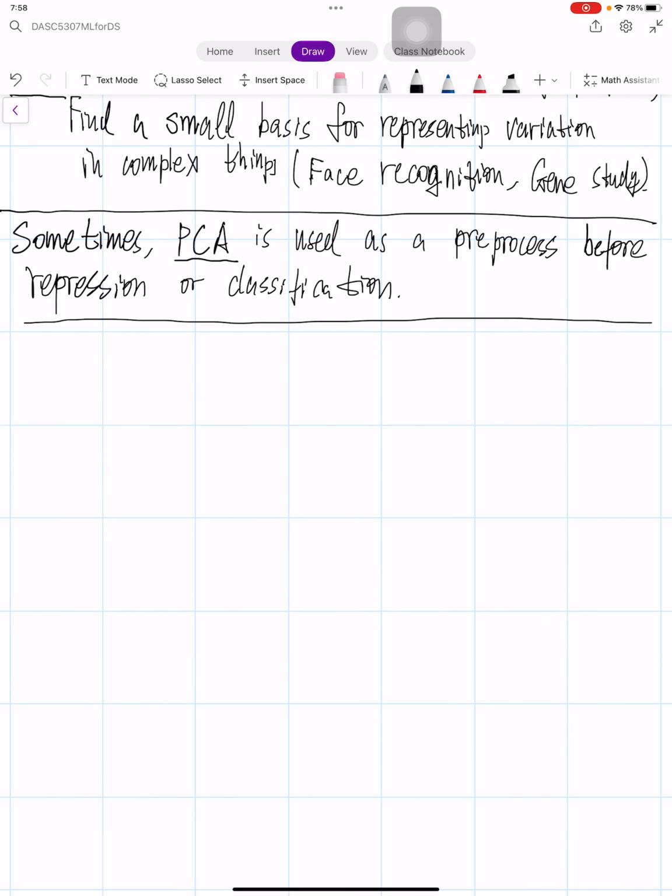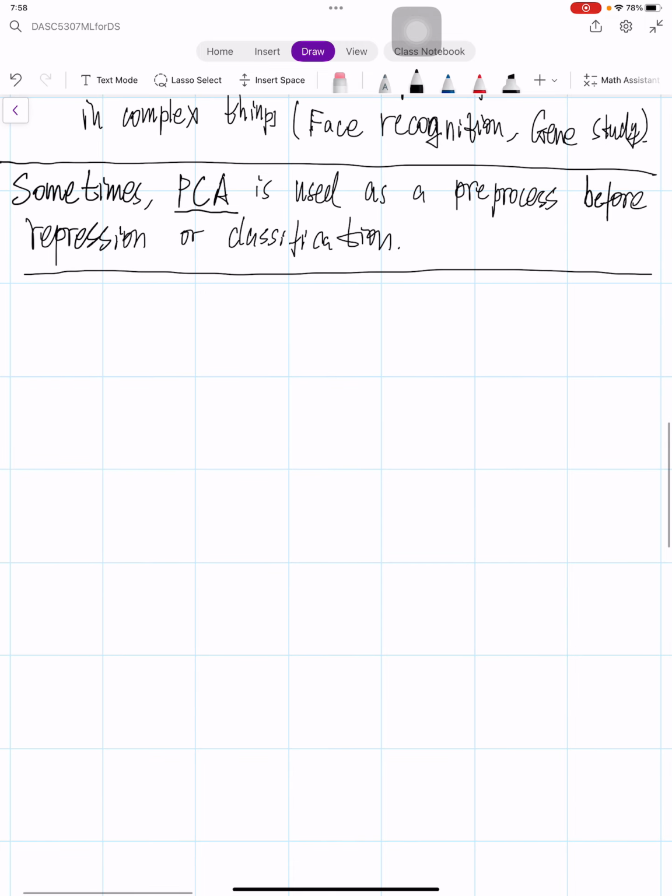Hello, in this video, I'm gonna introduce how principal component analysis is derived. So, assumption: here we have X, a design matrix, which has dimension n times d.